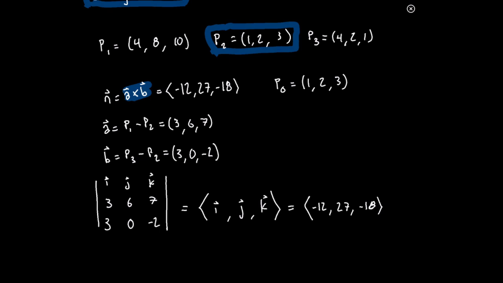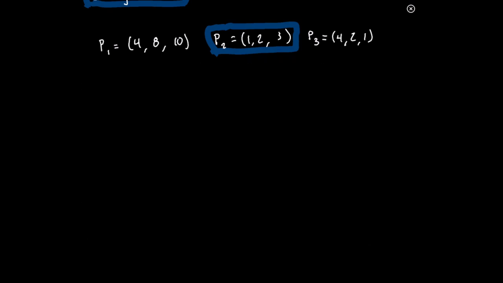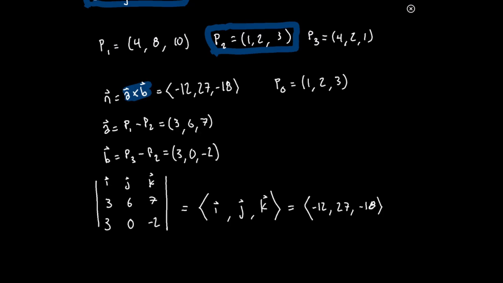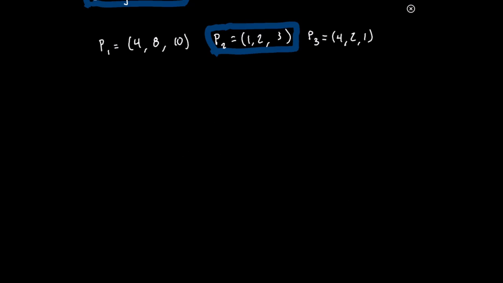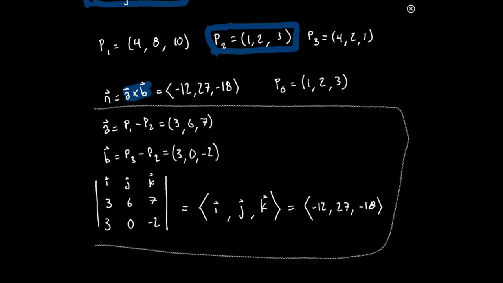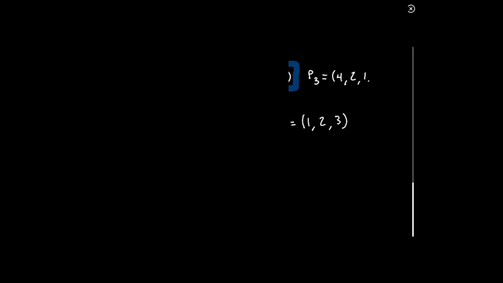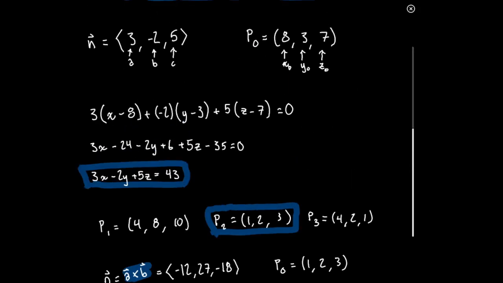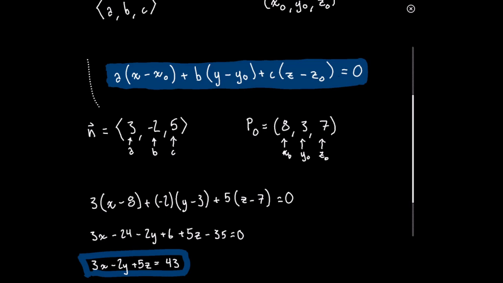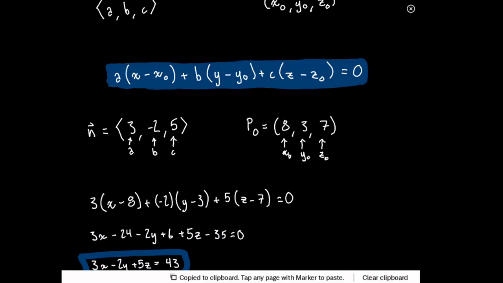So now we have our normal vector, and we have a point. So we can get rid of the rest of this, and instead we want to focus on this equation up here.